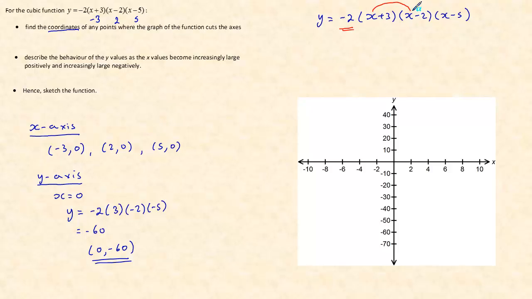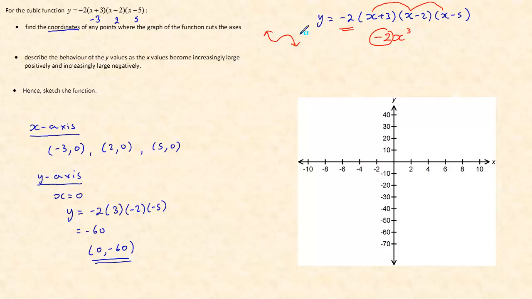If we expand out, we get positive x cubed. Then with the negative 2, it's negative 2x cubed. So we can see the leading term, the cubic term, does have a negative coefficient. And that tells us it goes this way.